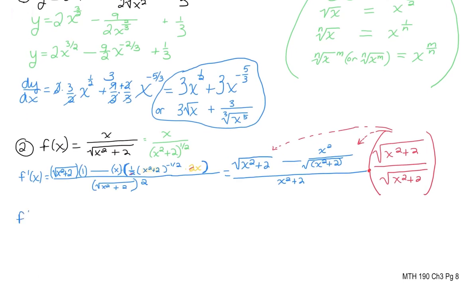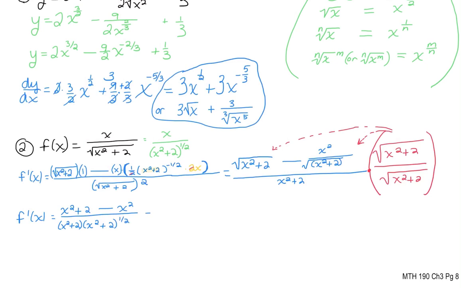So what do I now have for my f prime? Square root of x squared plus 2 times itself is just going to be x squared plus 2. In the second term, the square roots reduce, one in numerator, one in denominator. And now in my denominator, let's recognize I'm really multiplying with the same base. You could leave it as x squared plus 2 times x times the square root of x squared plus 2.